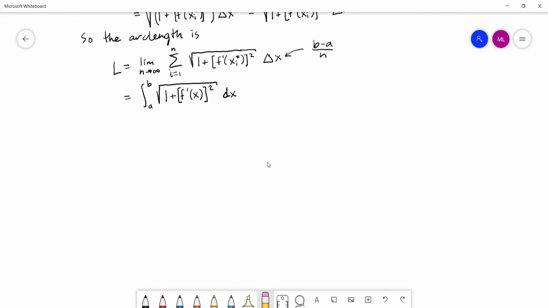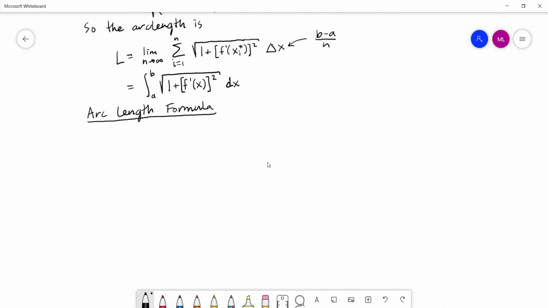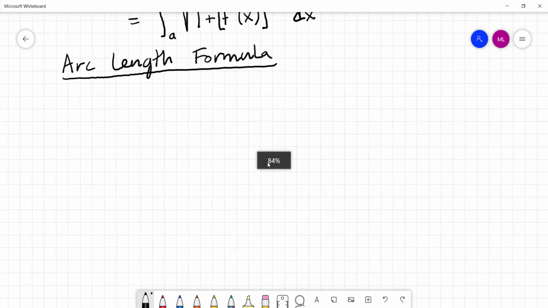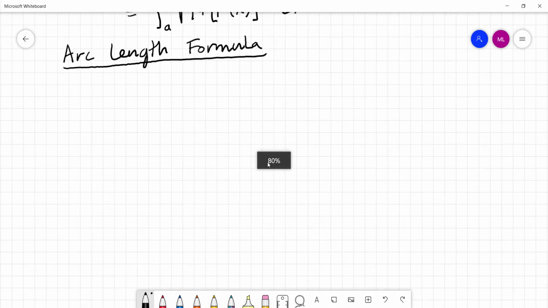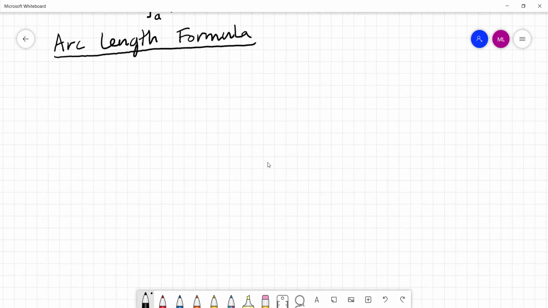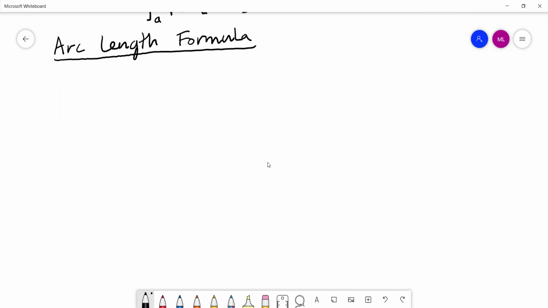So let me write this down. This is our arc length formula. Derived way more carefully than you probably care. And it basically says the following. So notice to get this all to work, we had to use the mean value theorem. And so this is going to require the same requirements that the mean value theorem required.